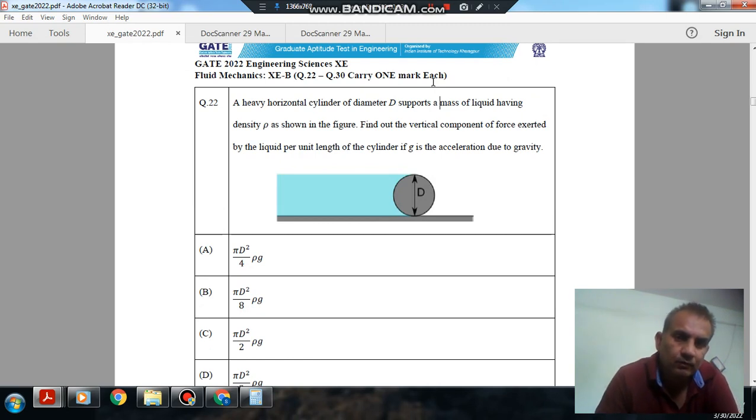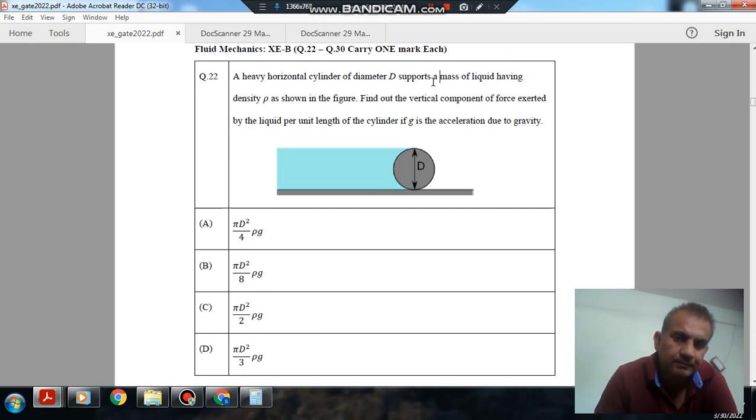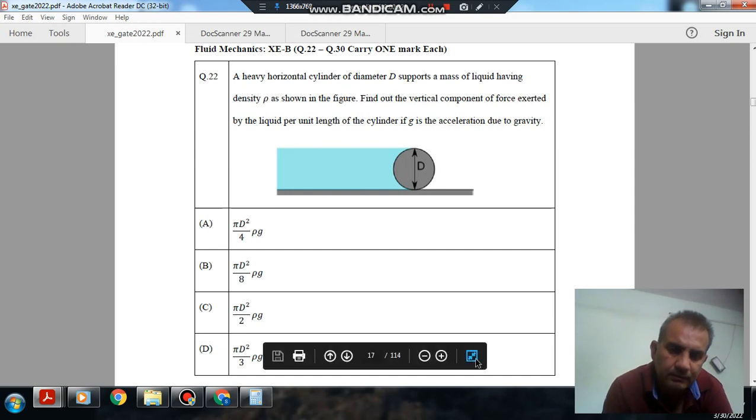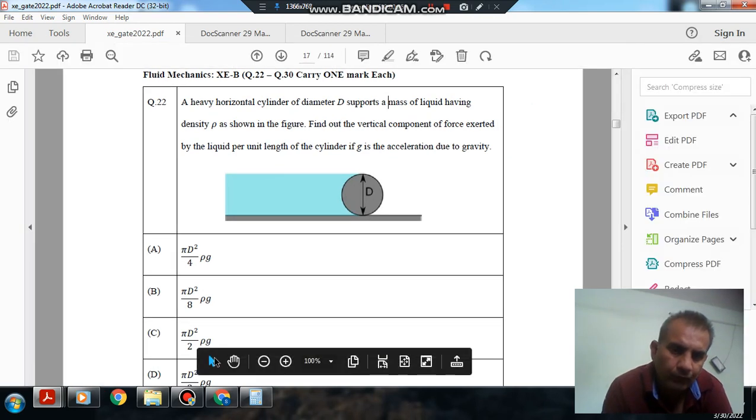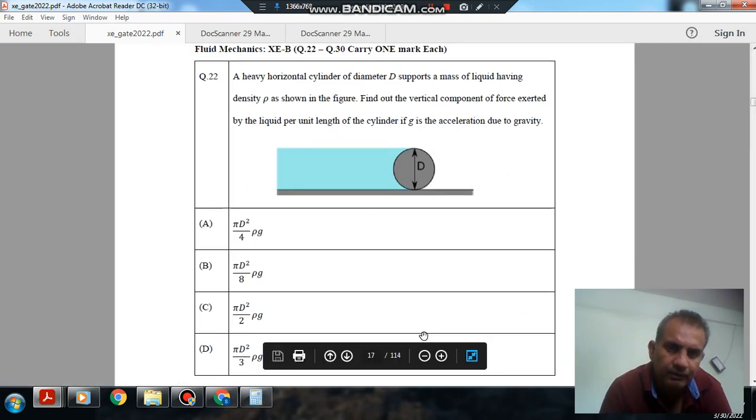2022. Question number 22: A heavy horizontal cylinder of diameter D supports a mass of liquid having density rho as shown in the figure.